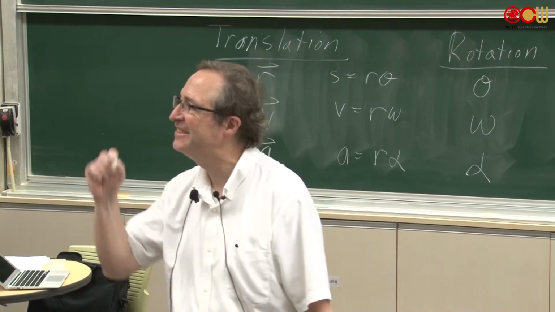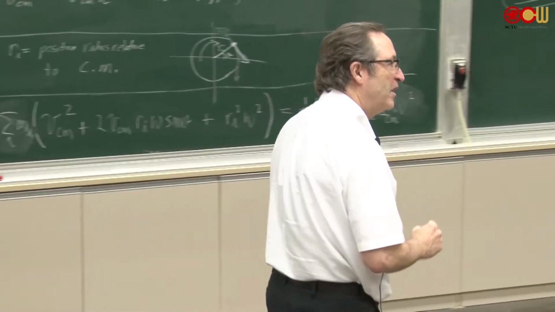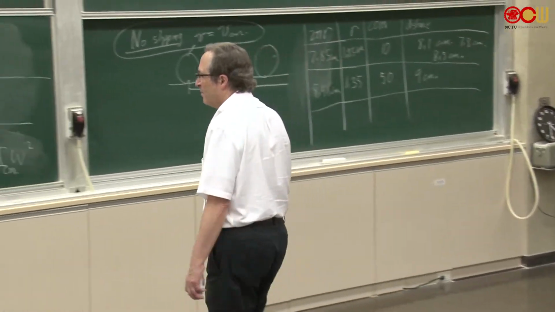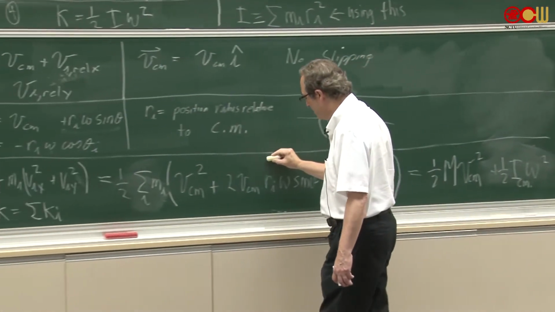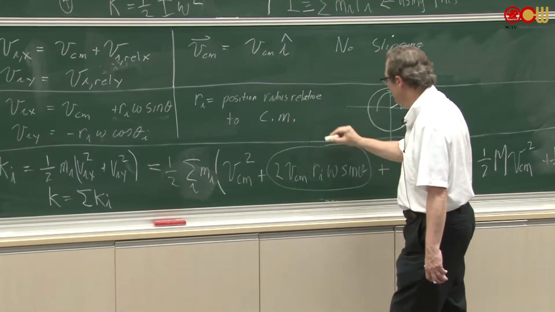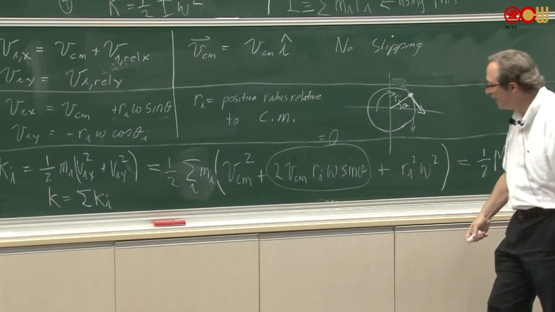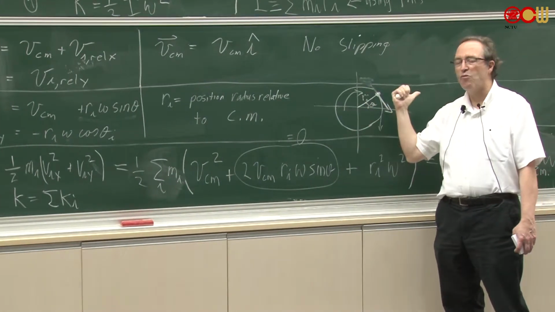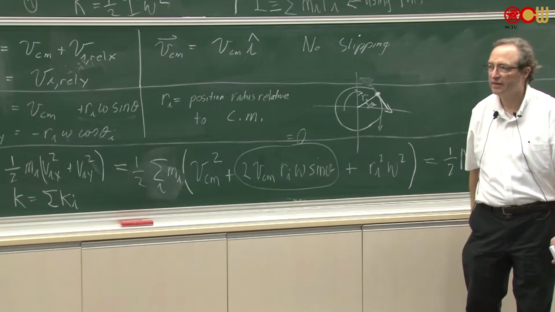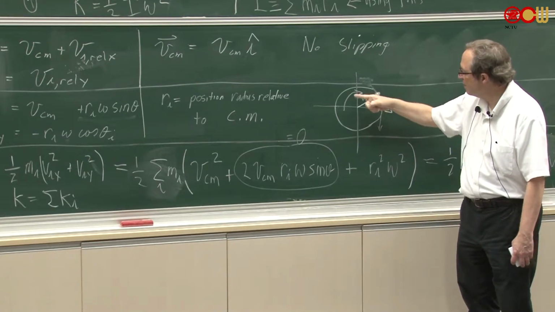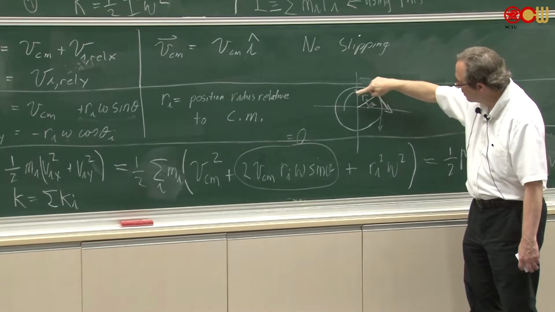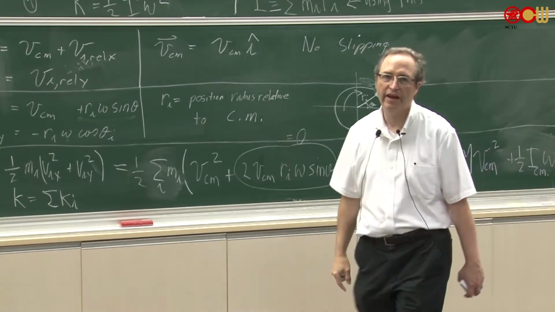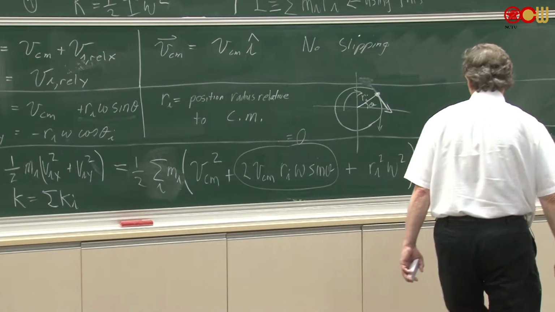When it's rotating, it's 0 because it's relative to the center of mass. So this term, summed up, is equal to 0. One way of thinking about it is some of the particles are moving one way and some are moving the other way, right? These guys up here are rotating like this. These guys down here are rotating that way. So they're going to cancel out. So this is the final answer.